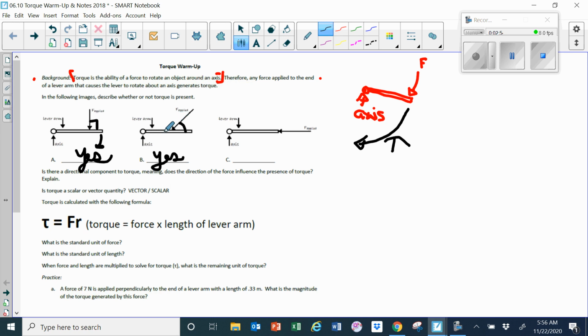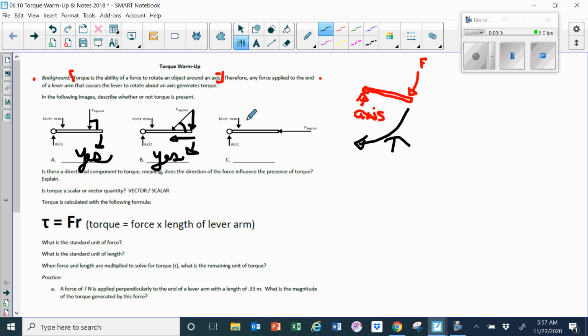Some of the force is actually down the axis of the lever, and that is inefficient in terms of providing a rotational force. The part of the force that creates the rotation is the part applied perpendicular to the lever, which causes the lever to rotate.